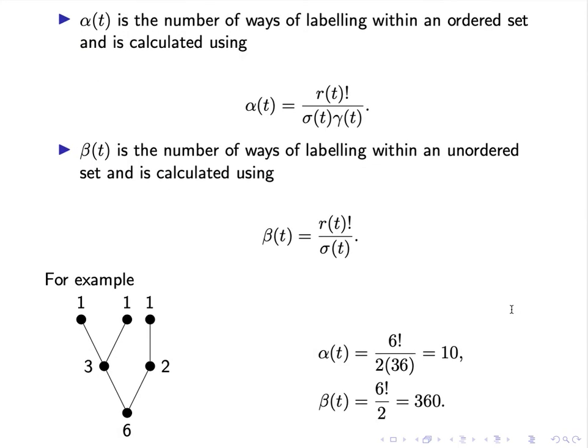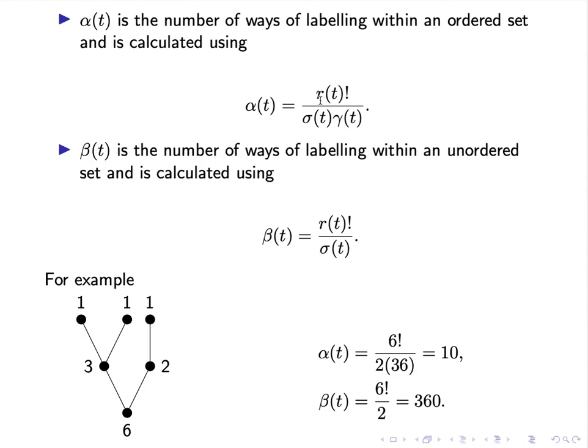Okay, the last thing we're going to be looking at is the number of ways in which a tree can be labelled. The reason we're looking at this is important when we come to look at the derivation of Runge-Kutta methods. So I'm going to define alpha and beta. Alpha t is the number of ways of labelling within an ordered set. So how many different ways can we label our tree t?